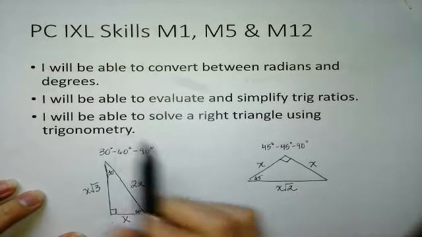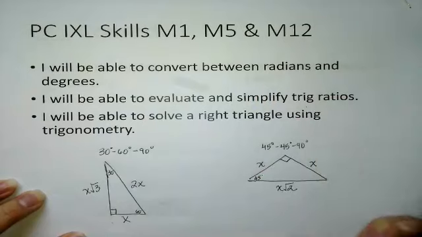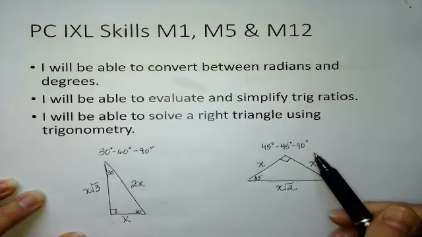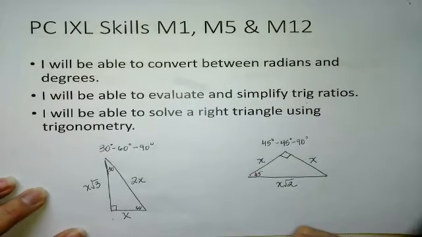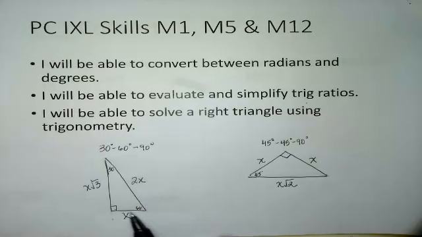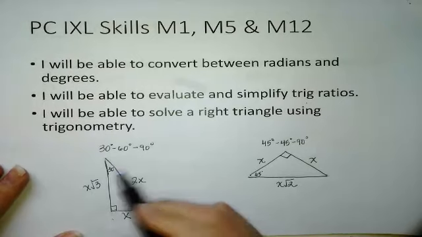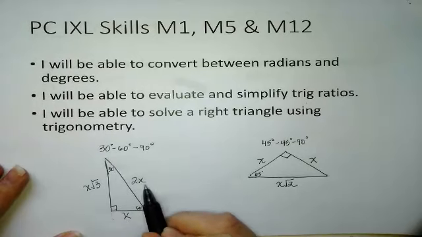So on this last skill, which is M12, you do need to remember your 30, 60, 90 and 45, 45, 90 trig ratios. And so I did a little simple triangle here that represents a 30, 60, 90 triangle. And it's important that you know a 30, 60, 90 has a short side, a middle length side, and a long side.